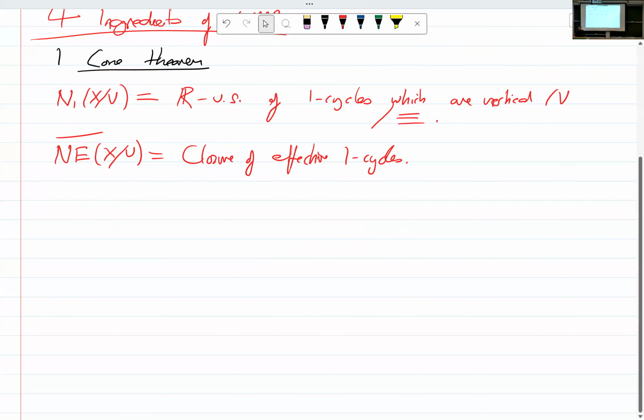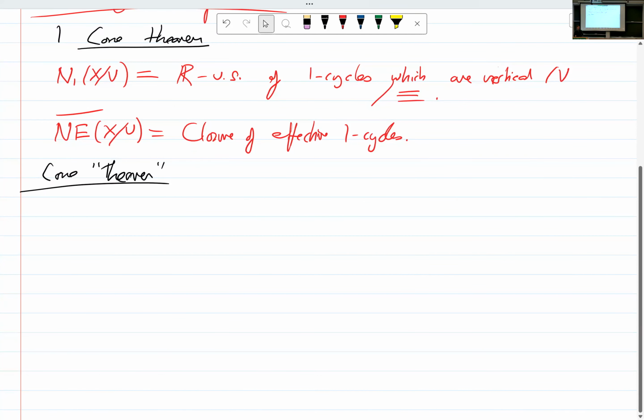Okay, so then the cone theorem, and I say theorem because I'm not giving you any assumptions. I don't tell you what you need to actually assume about, say, X and V to make it true.